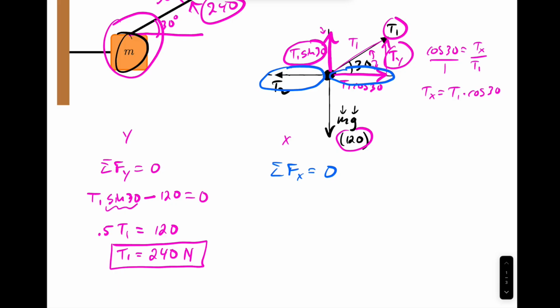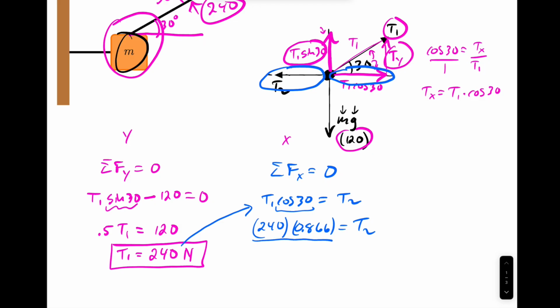Now in the x direction, I have this. To the right, I have T1 cosine of 30, and that's equal to T2. But remember, we just figured out what T1 was. So now I can say that 240 times the cosine of 30, which is 0.866, is equal to T2.